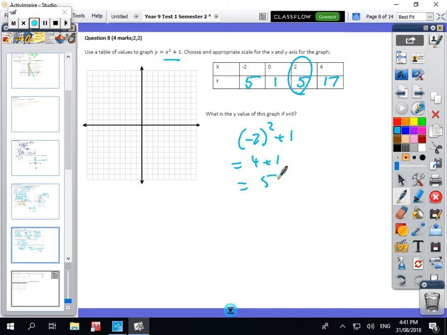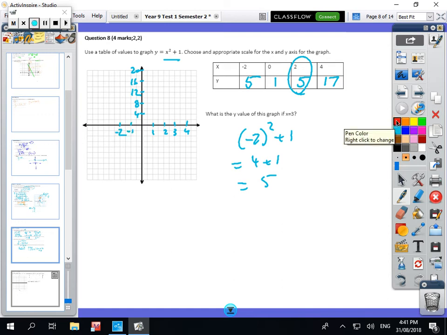Okay, so we're going to go up to 17: 4, 8, 12, 16, 20, and we're going across from minus 2 to 4, so 1, 2, 3, 4, minus 1, minus 2.